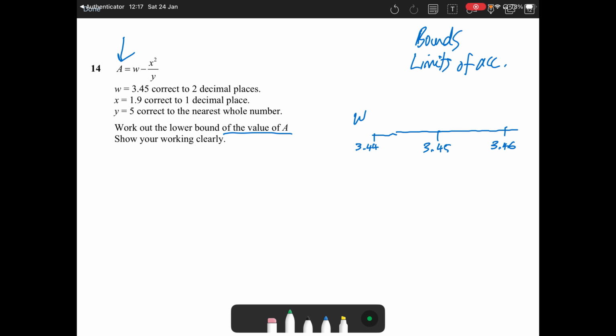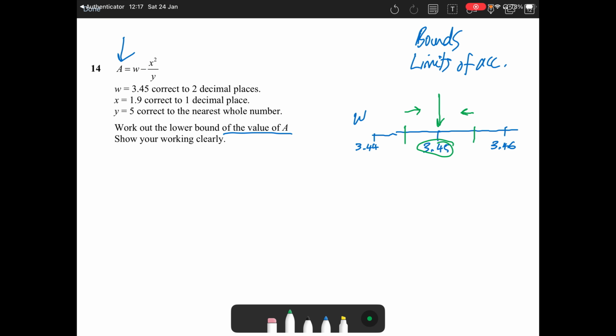But look, we're told that some number has rounded to 3.45. Well, it has to be bigger than this, because if we think about a number line, if it's smaller, it would round down to 3.44. And obviously on this end, it has to be smaller than the halfway point between 3.45 and 3.46, because we want it to round to that, don't we?